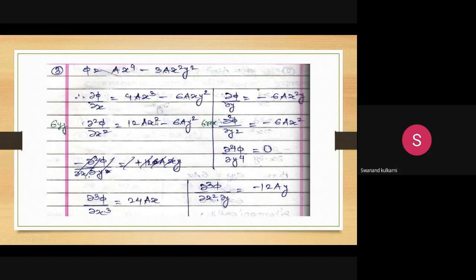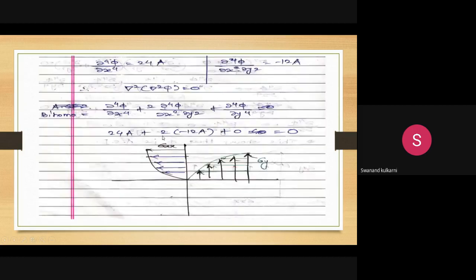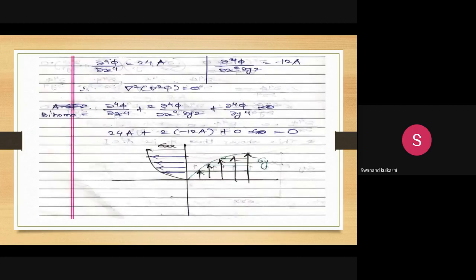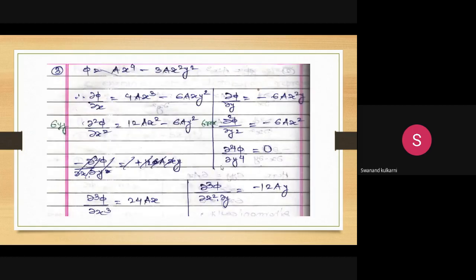if the values of x and y both are 1, 1, then 12a minus 6a, that is 6a. So for similar values of x and y in the positive direction, this will propagate in the positive x-axis direction. By substituting approximate values of x and y, it will propagate in the positive x-axis direction.